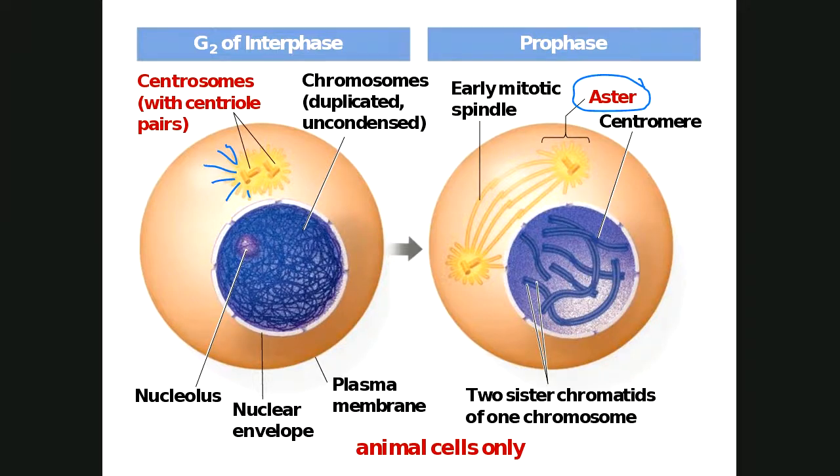All right, now, look what's going on as we move from G2 of interphase into prophase. So first of all, the chromatids are all condensed together. There's two sister chromatids of one chromosome, right? So this particular organism has, will you do it for me? How many chromosomes are being shown in this picture, in this model cell?